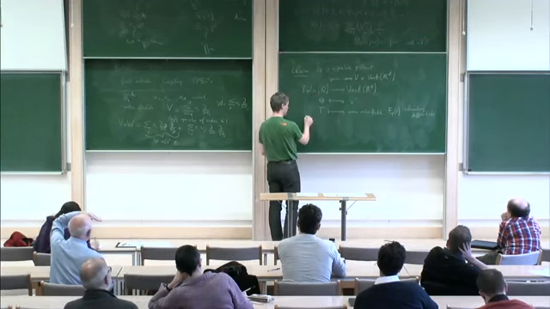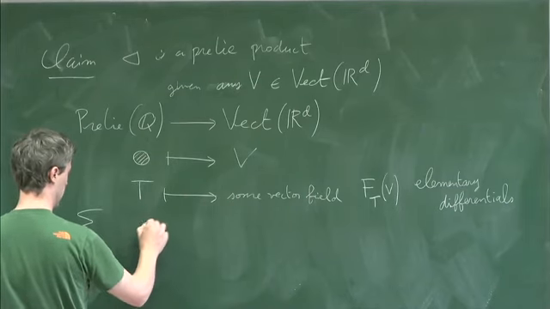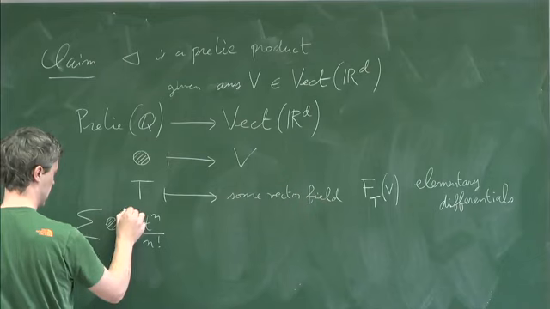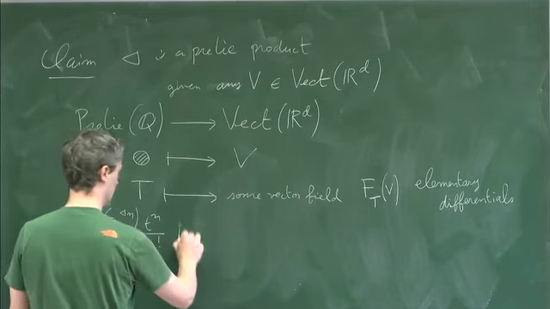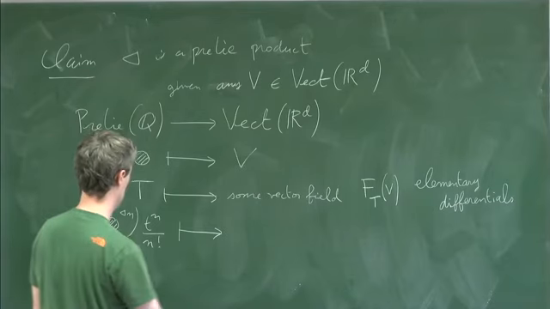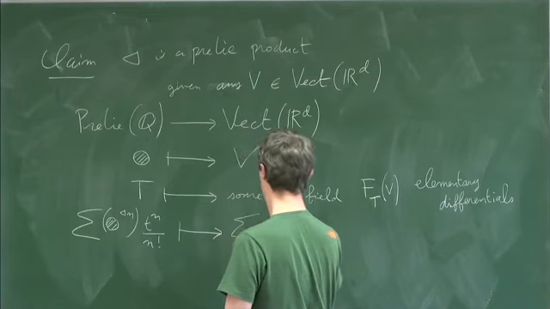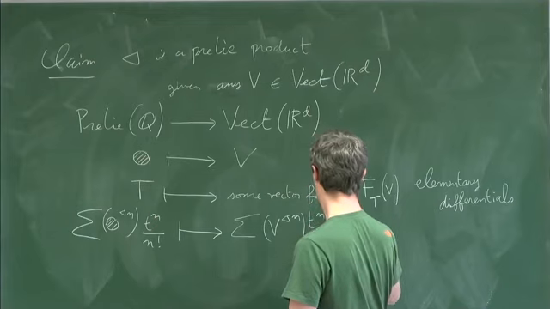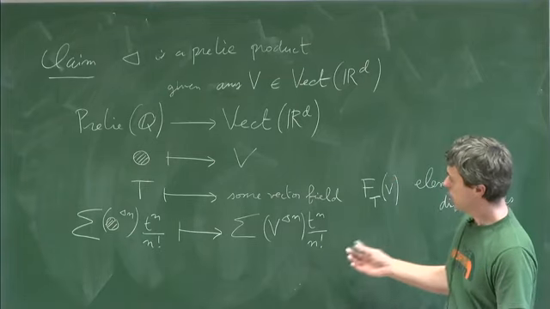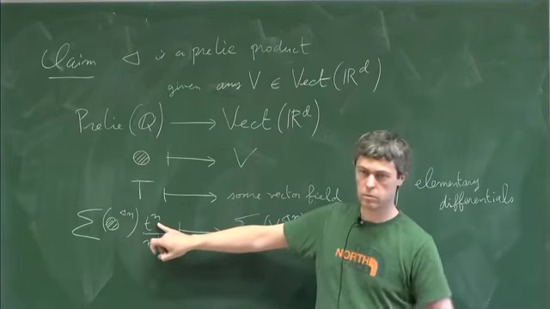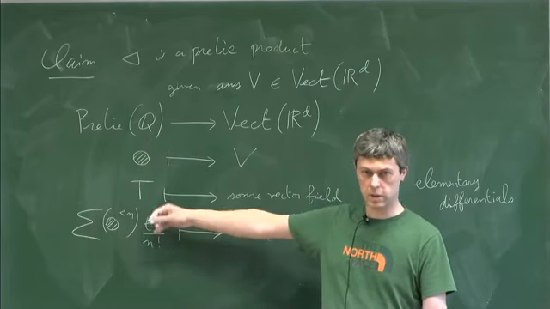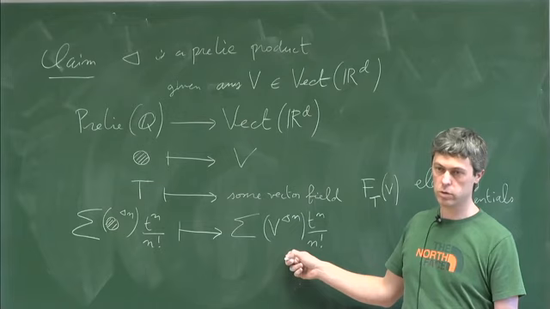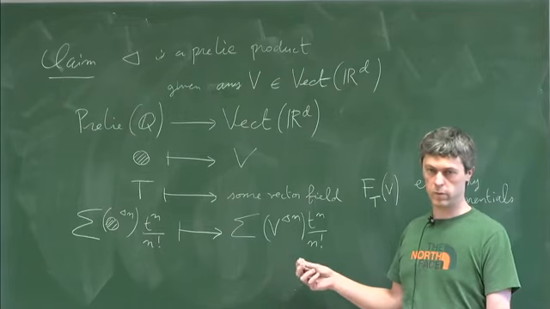We can take the sum of t to the n over n factorial, with this tree iterated n times, and if we take the image, it will be exactly the sum over v iterated n times, t to the n over n factorial. So we can define an element in the free Pre-Lie algebra over Q, with coefficients in formal power series in t, whose image is exactly the formal solution of the flow equation.